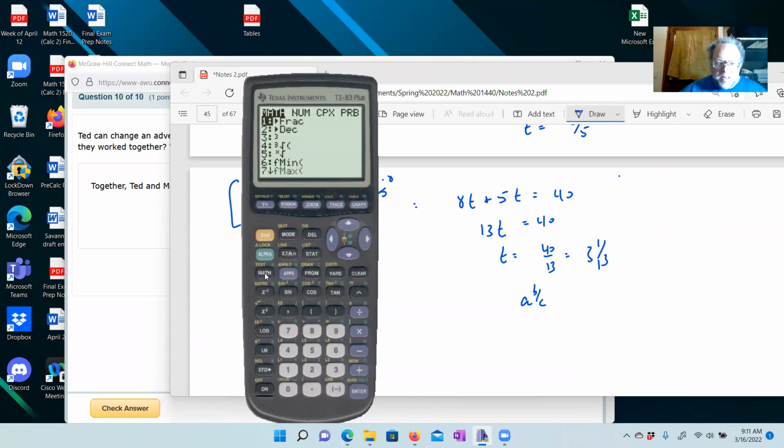Like, no, but we can change back to a fraction. 40/13. Oh, they can't do that. I'm not seeing it on here. Oh, let's just be happy that sometimes the smaller calculator actually does more stuff sometimes.